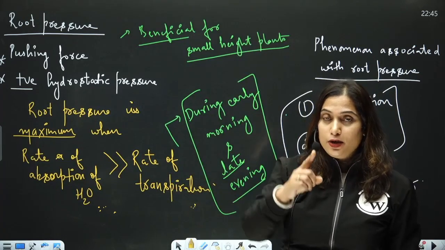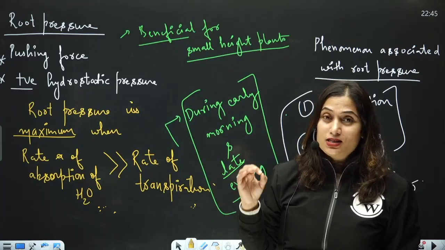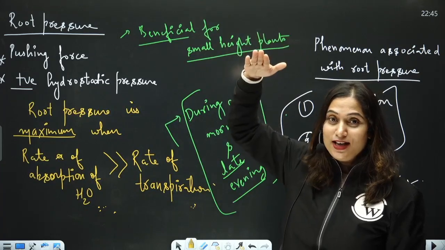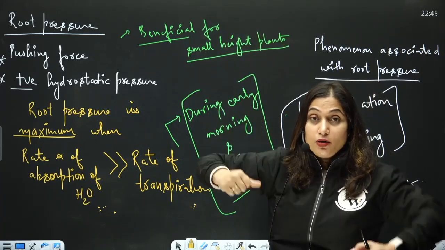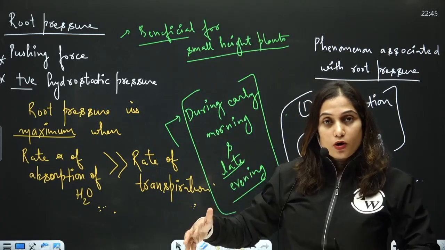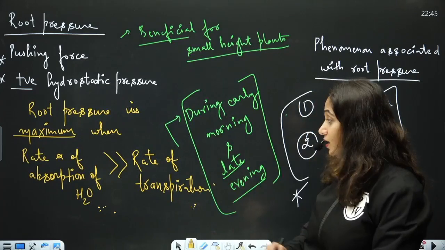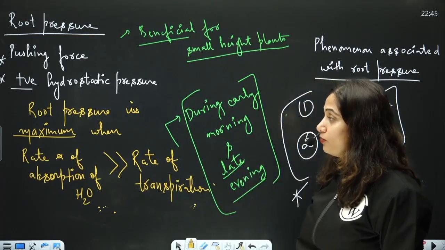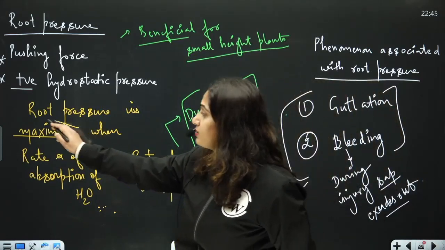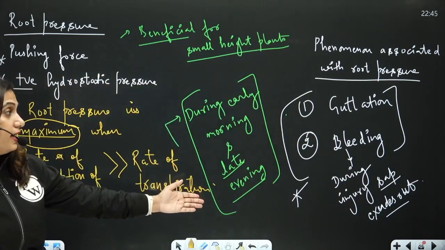Root pressure is high during evening and early morning hours when there is negligible transpiration, because the water is not going out, only absorption is happening. So there will be pressure in the xylem vessels. So in the morning or evening hours, when transpiration is almost absent, the root pressure is high. When the rate of absorption is much higher than the rate of transpiration, then the root pressure is maximum. Clear? So when does it happen? During early morning and late evening.